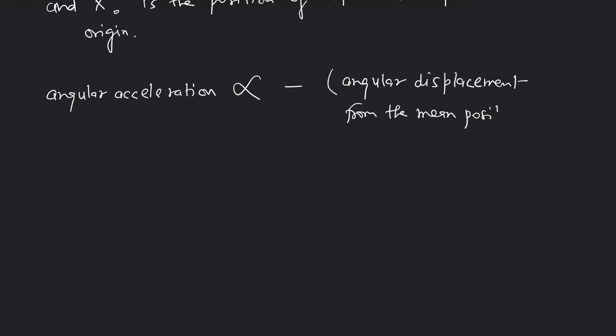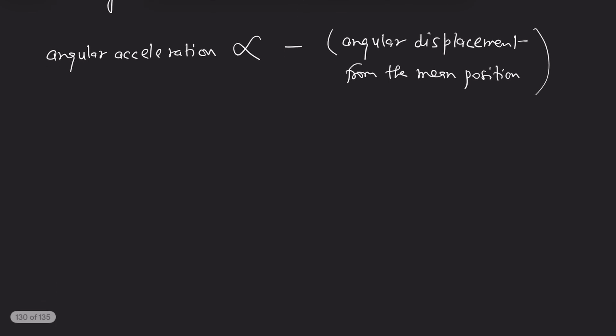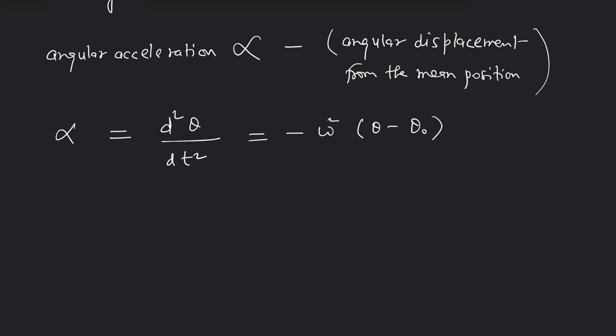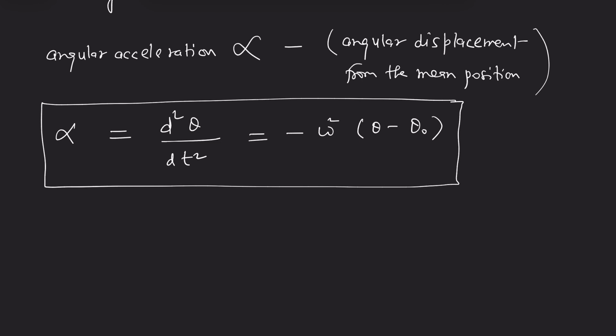If I put this also in a mathematical way, alpha should be equal to d square theta by dt square, which should be equal to minus omega square into theta minus theta naught. That would be the equation which is going to help us analyze the oscillatory motion in those kinds of motion where rotations are getting involved.